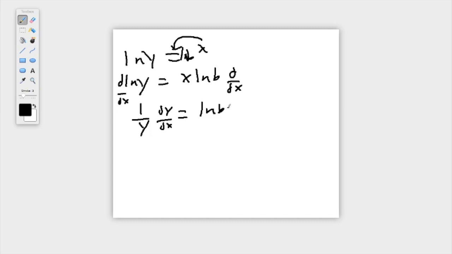Don't be tempted to put db dx. Even though it is a different variable, it is treated as a constant. So this could easily be ln 4 or ln 3. Just don't put db dx. It'll be a lot more confusing. So 1 over y dy dx, and then ln b. b is a constant, so treat it like that.